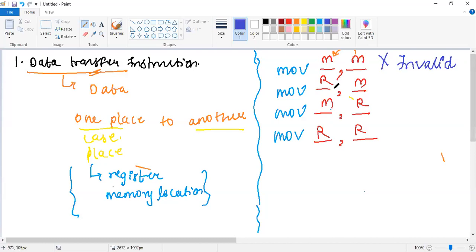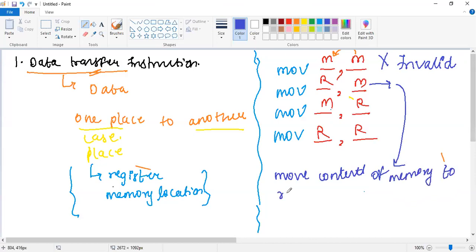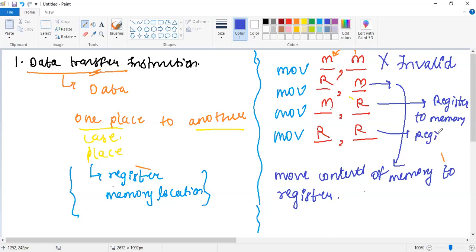Now see, MOV R comma M. This means move content of memory to register. And this one means register to memory, and this means register to register.